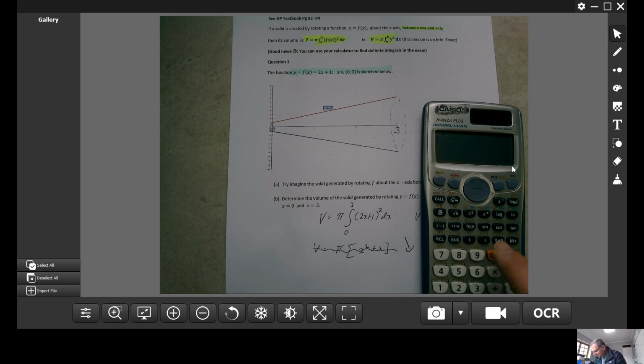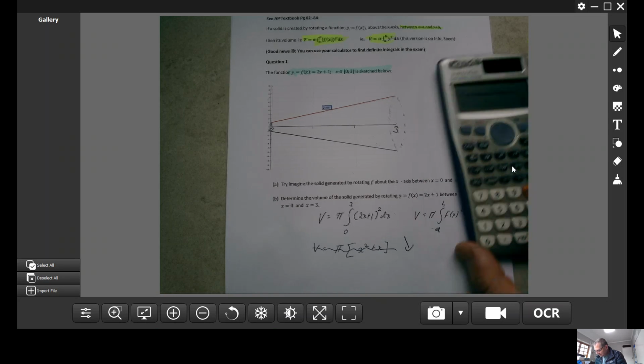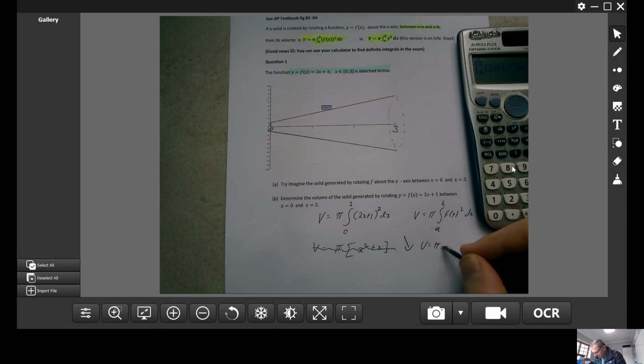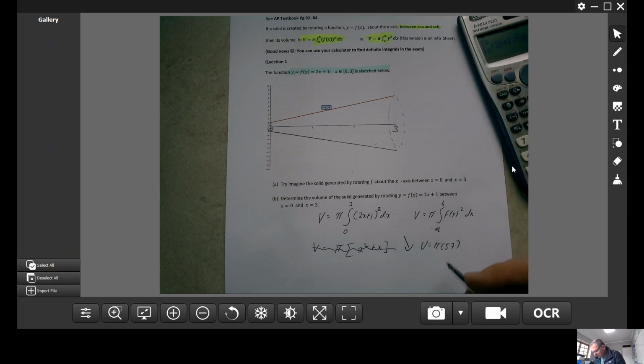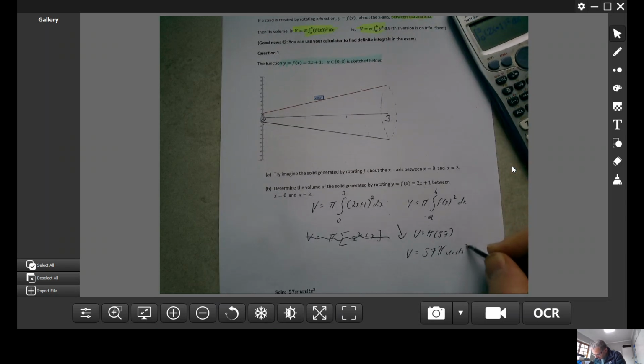Do this with me, please. Take the integral of 2x plus 1, all squared, from x equals 0 to 3, and you get 57. So its volume is pi times 57, which is 57 pi units cubed.